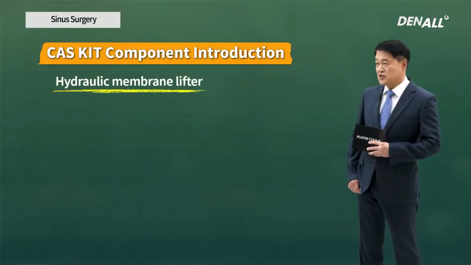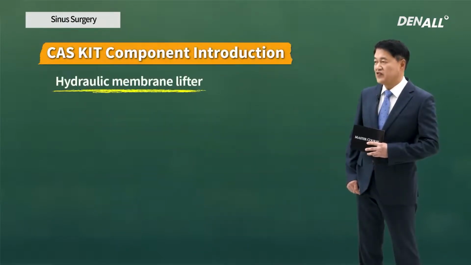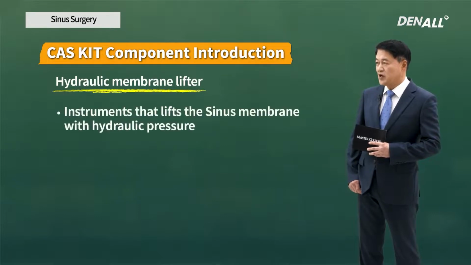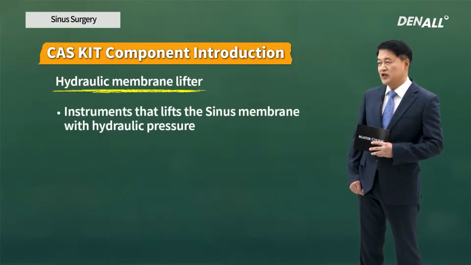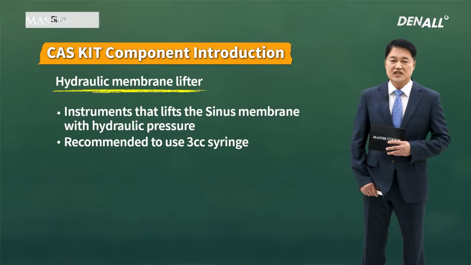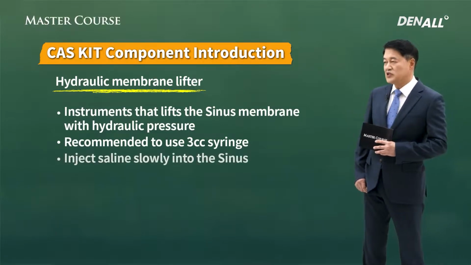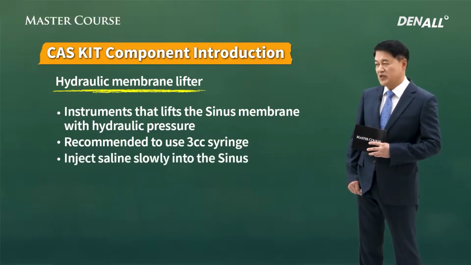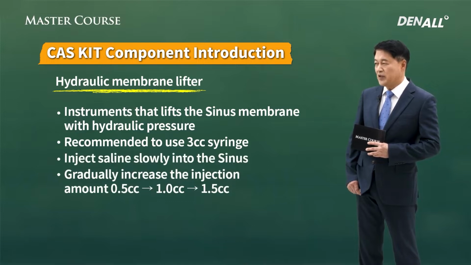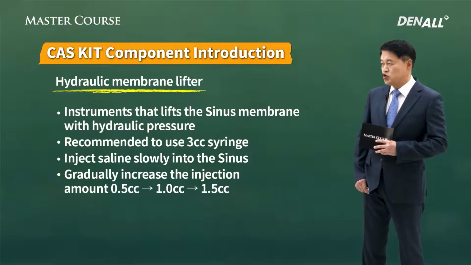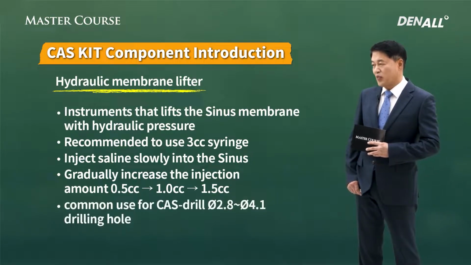The most important instrument in the CAS kit is the hydraulic membrane lifter. It is an instrument that lifts the sinus membrane with hydraulic pressure. The recommendation is to use a 3 cc syringe and inject the saline slowly into the sinus. You gradually increase the injection amount from 0.5 to 1.0 to 1.5 cc.